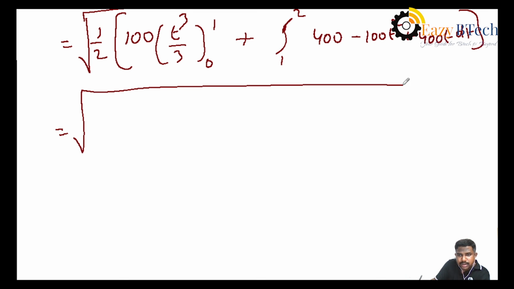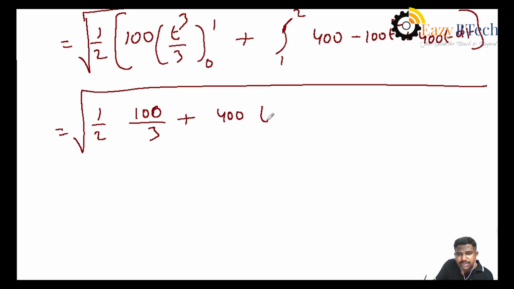Then square root here. 1 by 2. Apply limits here: 100 by 3 is constant, 1 cube minus 0, that is 1. Okay, plus here 400 is constant. For a constant, the integration is t.